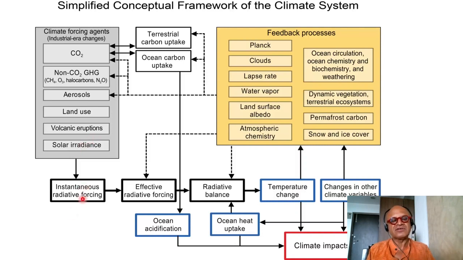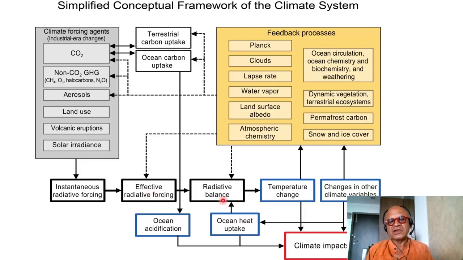The instantaneous radiative forcing is the fast time scale, resulting in effective radiative forcing, so the change in balance at the top of the atmosphere, which is not obviously instantaneous because it has to go through the system.